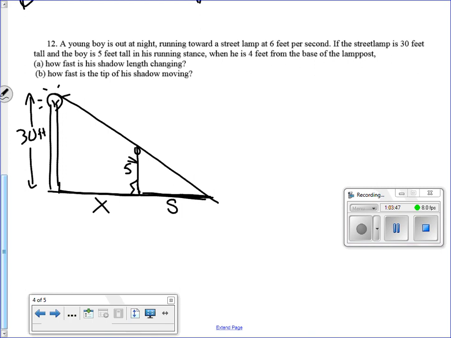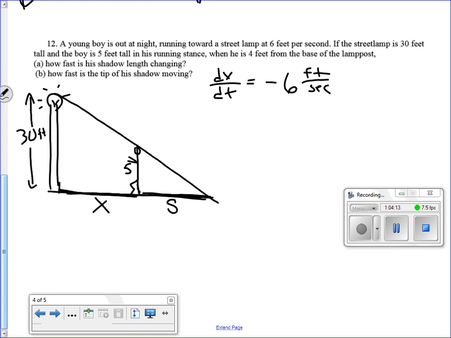That's why you've got to label things first so you know what to call them. The young boy is running toward a street lamp at 6 feet per second. So it's this length X that's changing, and it's decreasing as he runs toward it. So dx/dt is -6 feet per second.